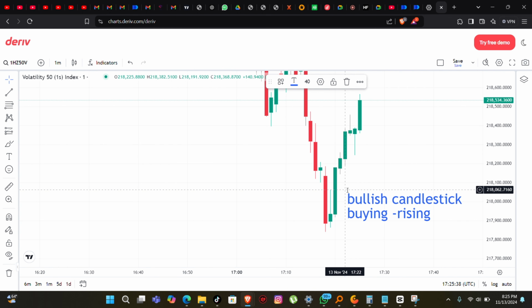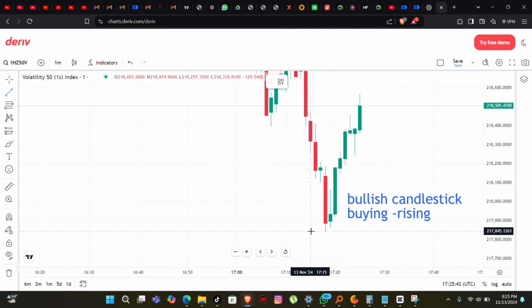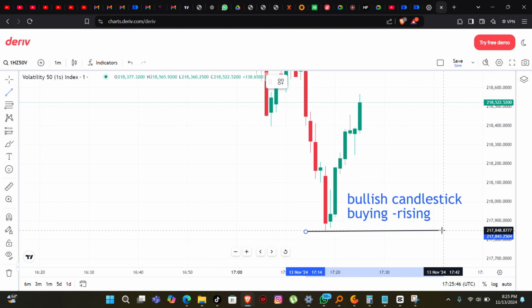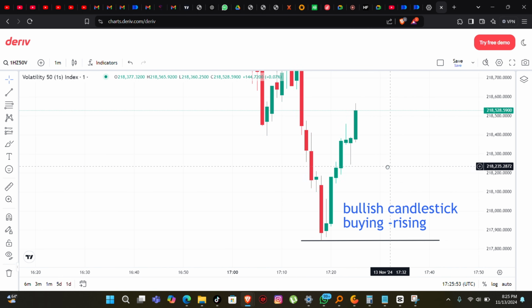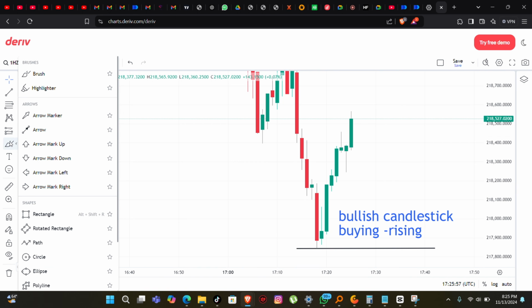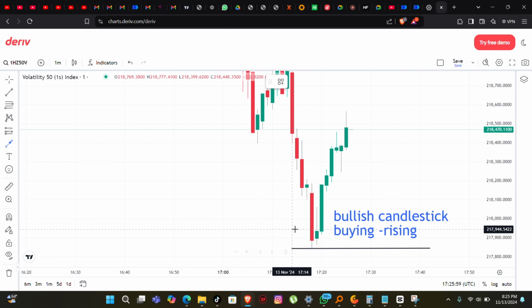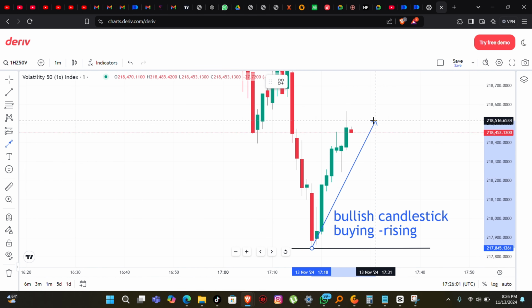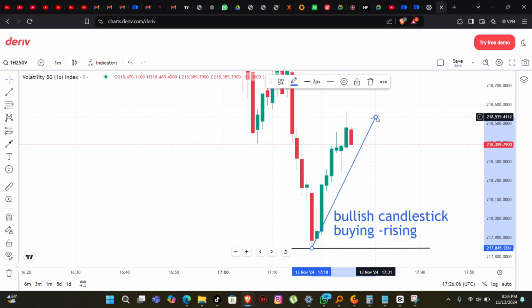You can even see, from this area here, this market has been rising all the way, from 217,845 point a lot of decimals. It has bought all the way to that zone, around 218,000. So it has bought all the way from 217,000 to 218,000.